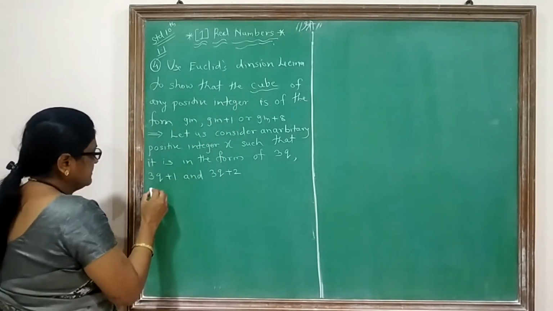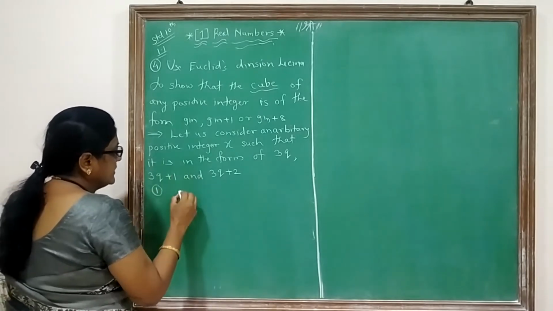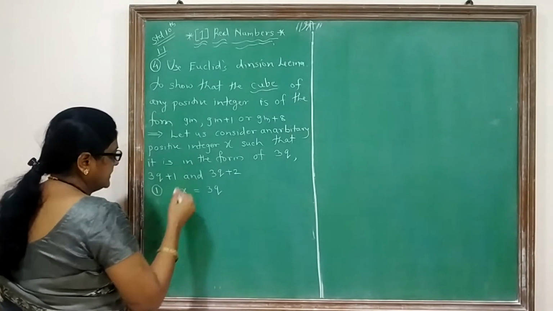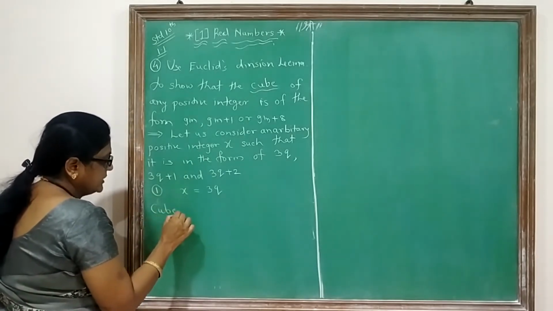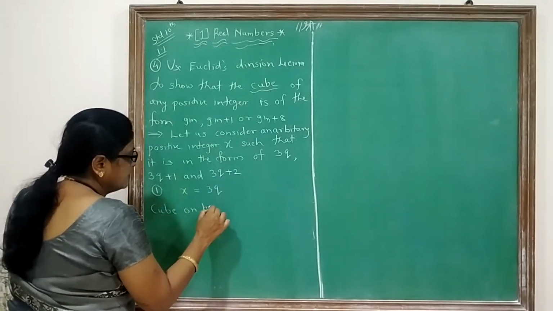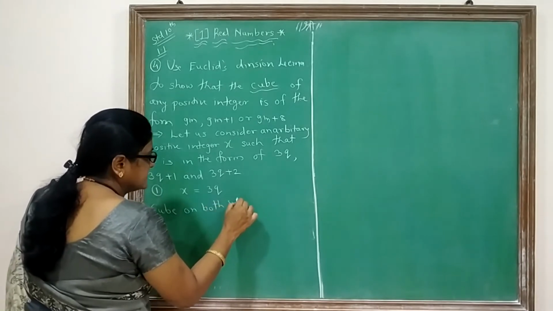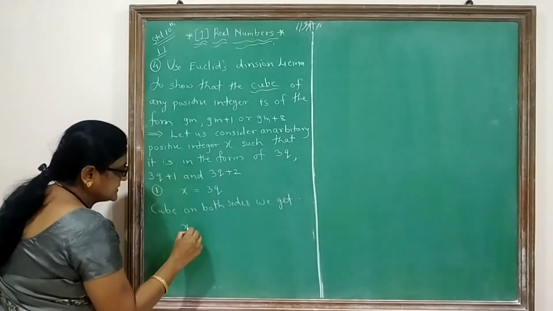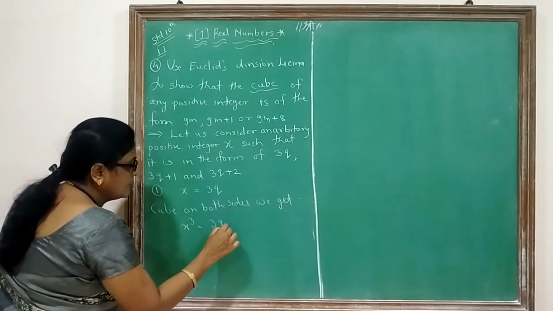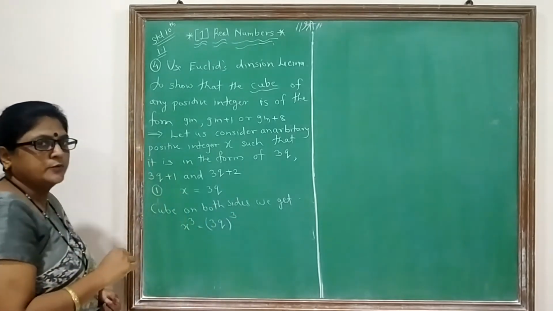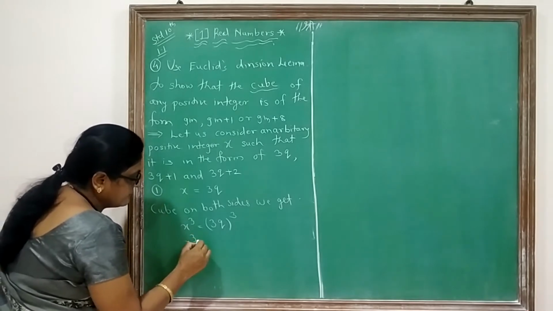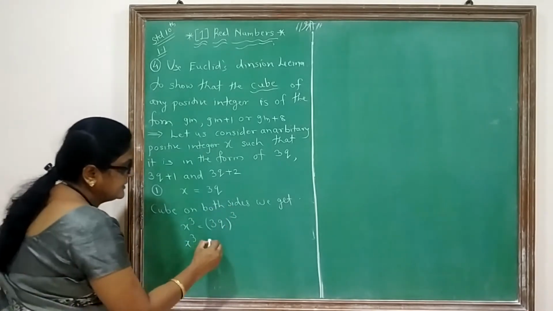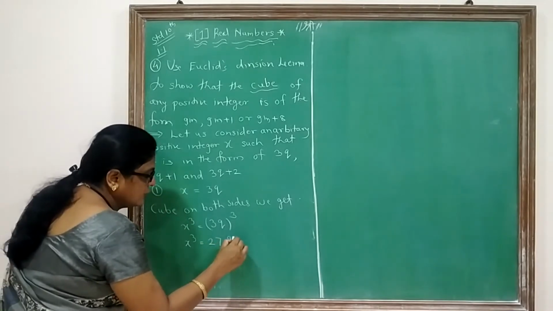Suppose first your condition is x equal to 3q. Then cubing on both sides we get x cube equal to 3q whole bracket cube. Then 3 cube is 3 into 3 into 3, that is 27, so you will write 27q cube.